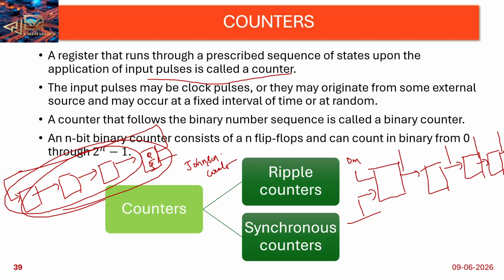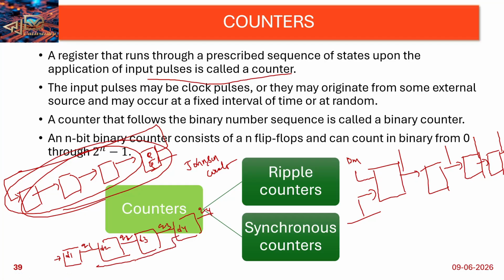So in the ring counter, the first input I have is D1, I get the output Q1. This Q1 is connected to D2, and I get the Q2 output. This Q2 is connected to D3, I get the output Q3, and then Q3 is connected to D4, and I get the Q4 output here. Every time I am connecting the clock.